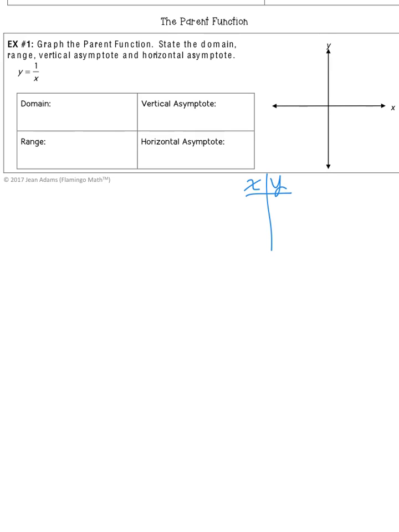So I'm not quite sure what to choose for x, so let's just throw out -2, -1, 0, 1, and 2. I'm going to have to slash my fraction. I don't normally slash fractions, but I'm short on room here. So I'm going to put a -2 in here, -1 here, 0, 1, and 2.